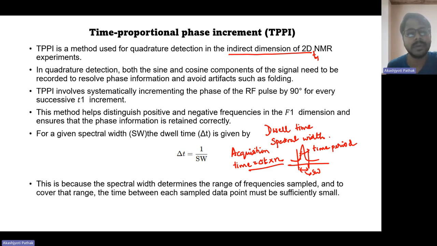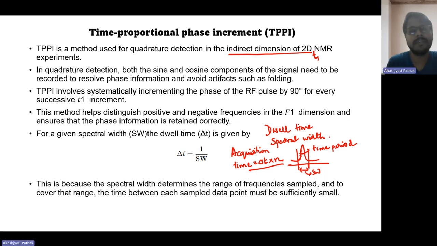So why is it inversely related? Because the spectral width determines the range of frequency sampled, and to cover that range, the time between each data point, that is the dwell time, must be sufficiently small, right?